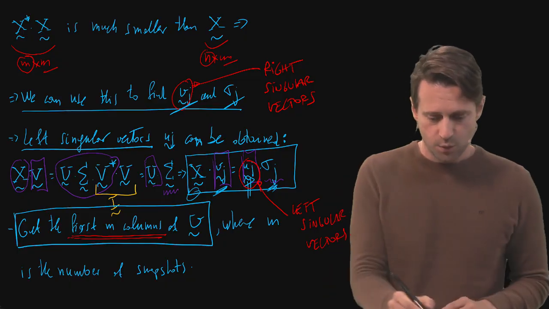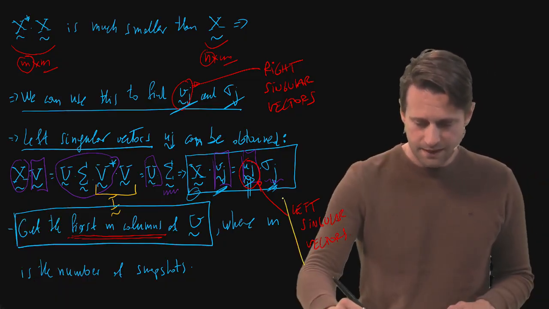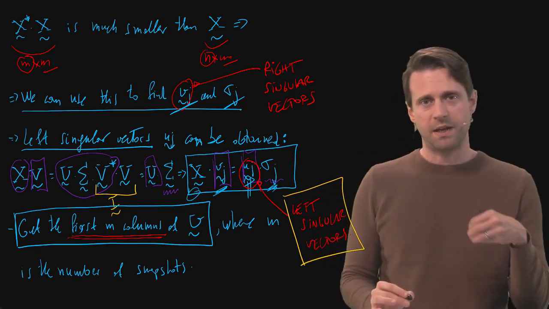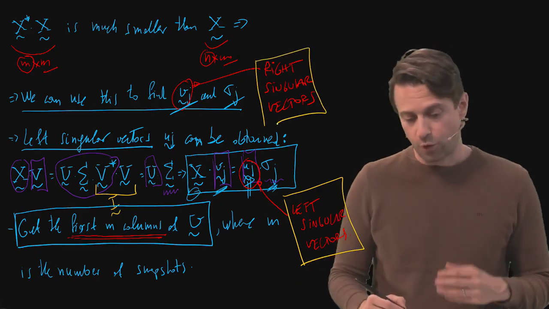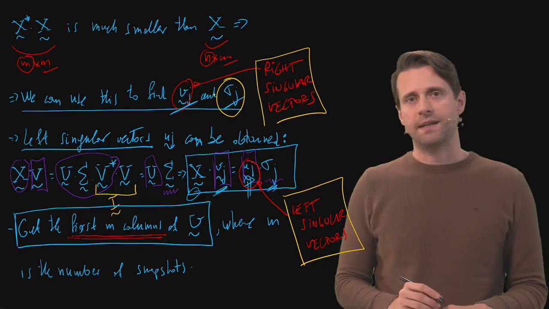In practice, what we will see is that the left singular vectors, the entries of u_j, will be the spatial modes, and the right singular vectors, also scaled with the singular values, those are going to be the temporal coefficients.